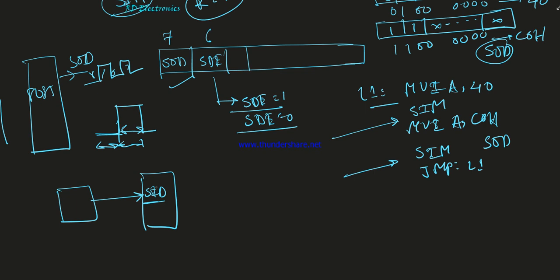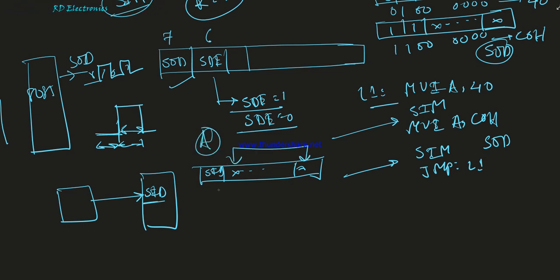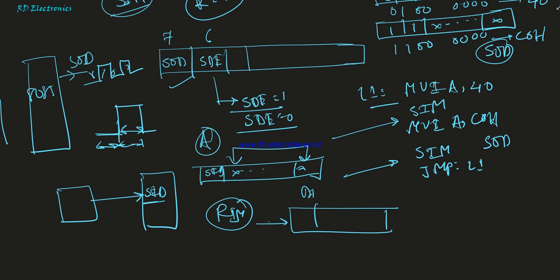For the RIM instruction, this is the accumulator bit pattern. These other bits are don't care here because they are used for interrupt purposes. So if we execute the RIM instruction, then the D7 bit gets the data from the SID pin of 8085, and we read this status as either 0 or 1.